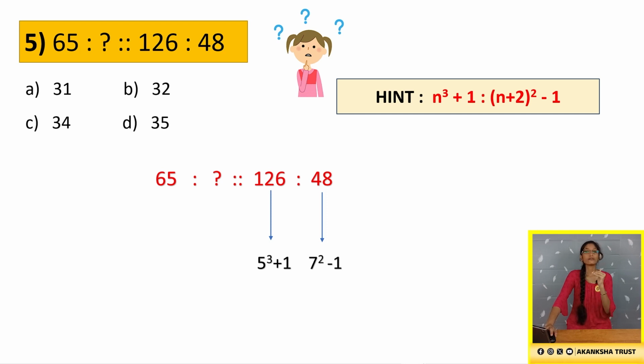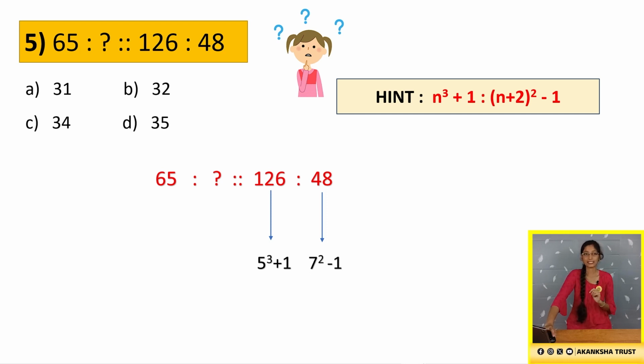Then 48. 48 is, 7 square is 49, then I have to subtract 1, so 49 minus 1, 48. Look at this number, 5 and 7, 5 plus 2, you'll get 7.